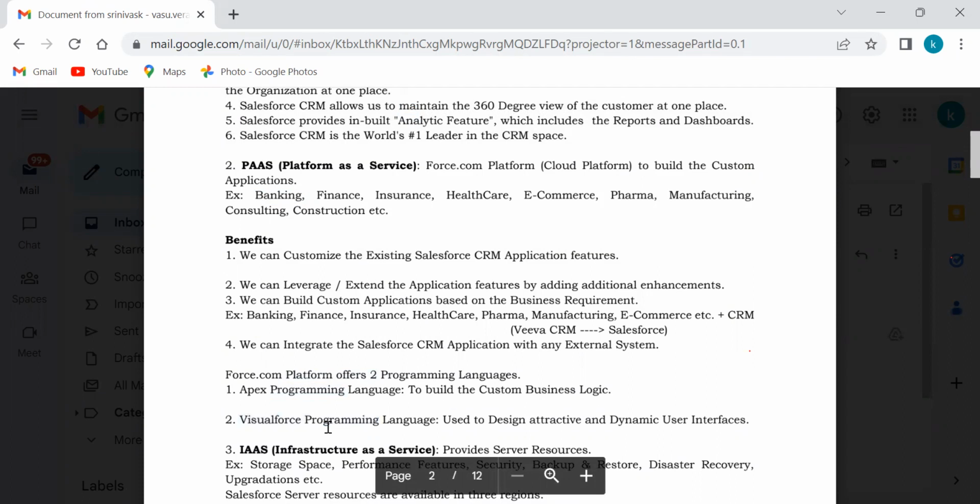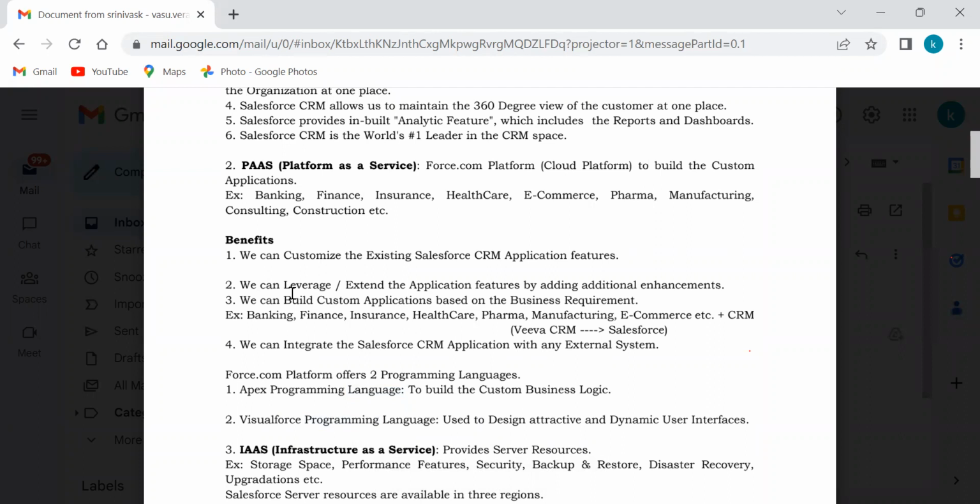Yesterday we discussed that using this Force.com platform, we can write the business logic using the Apex programming language, and we can build the front-end, dynamic and attractive user interface using Visualforce. These are the two programming languages provided by the Force.com platform to build custom applications.